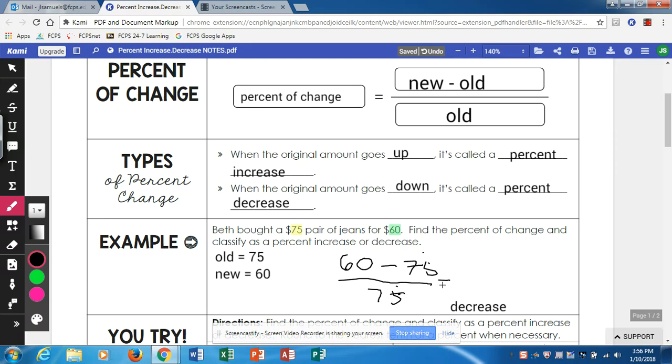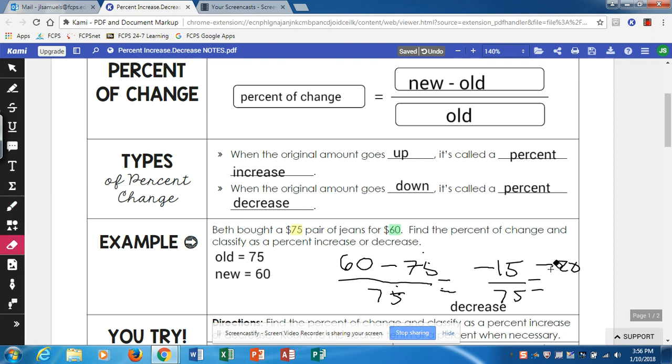Okay, so now that is going to be negative 15 over 75. And when we divide that out, we find that our answer is going to be negative 0.20. Here, let me fix that. That looks a little crazy. Okay, so our answer is going to be negative 0.20.